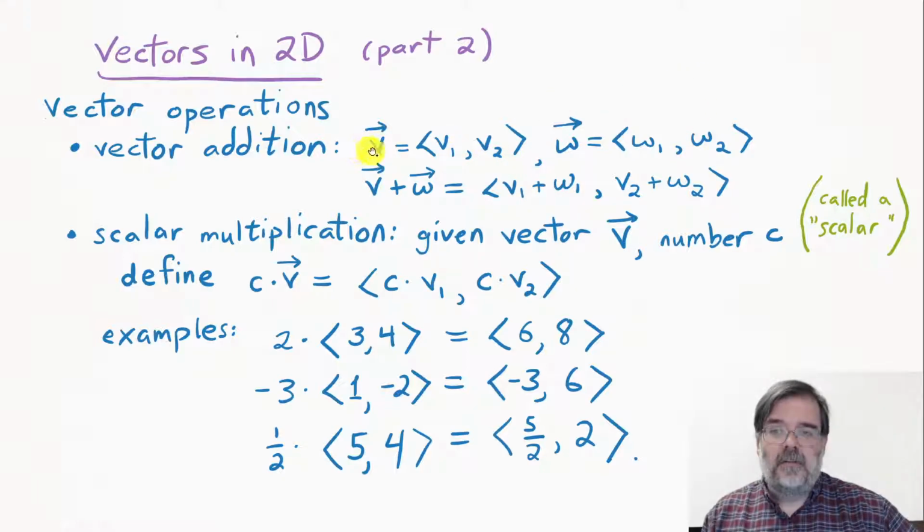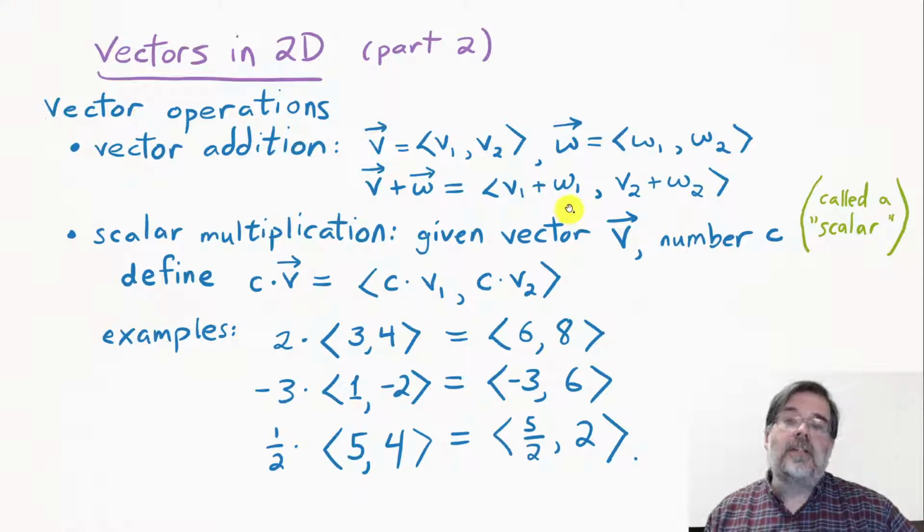Given these two vectors, vector v equals ⟨v1, v2⟩ and vector w equals ⟨w1, w2⟩, we defined the sum of the vectors, vector v plus vector w, to be equal to the vector with components ⟨v1 + w1, v2 + w2⟩. And adding vectors, as you may suspect, is one of the fundamental operations we're going to do with vectors.